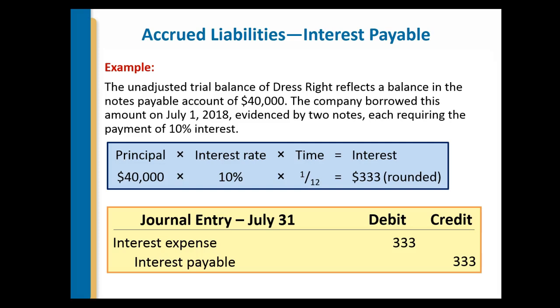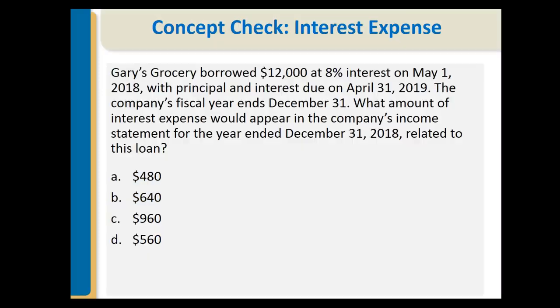Remember, to not record this adjusting entry for an accrued liability would cause our net income and our shareholders' equity through retained earnings to be overstated, and our liabilities would then be understated.